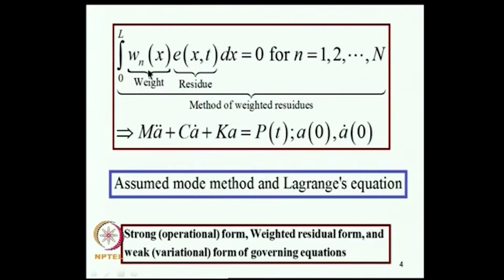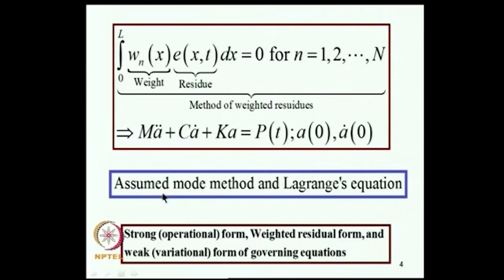That is achieved by integrating this equation by parts, whereby the continuity requirements on trial functions come down, whereas on the weight function they go up, and the requirements will be shared equally between the weight functions and trial functions, which the user anyway has to choose. That approach is known as the weak formulation of the governing equations.